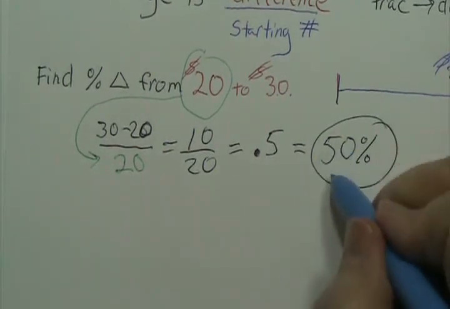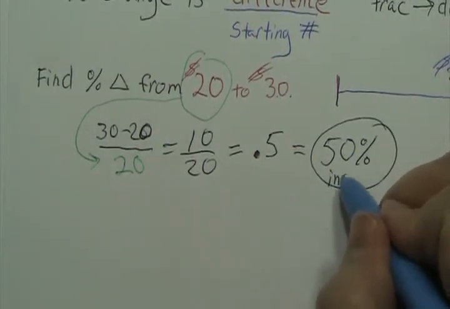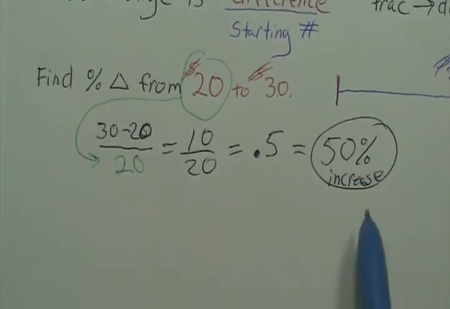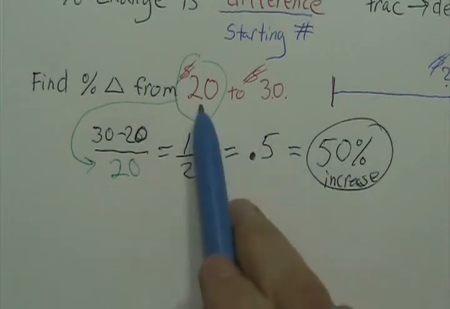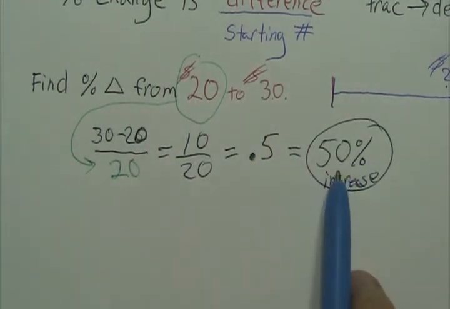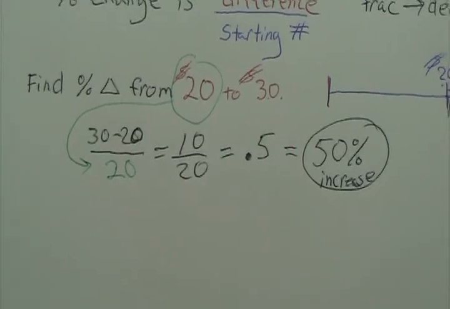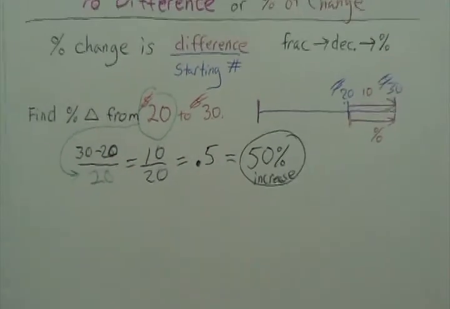It's 50%, and I'll put the word increase. So it increased by 50%. From 20 to 30 is a 50% increase. And that's how that works.